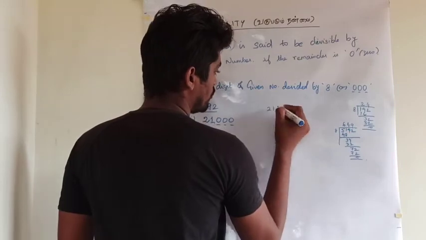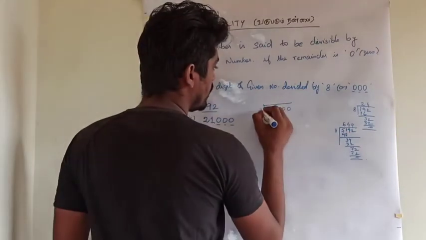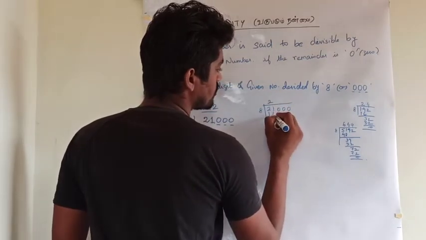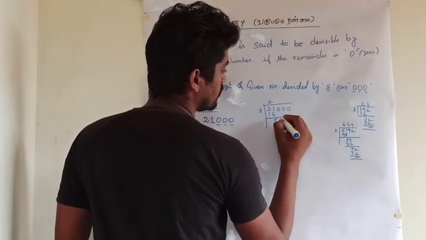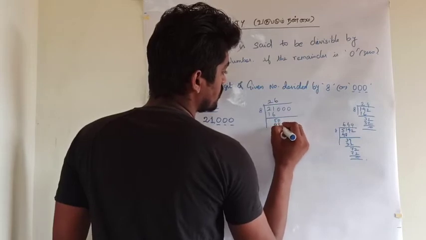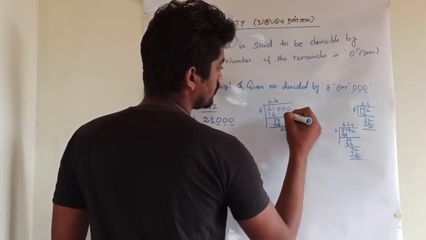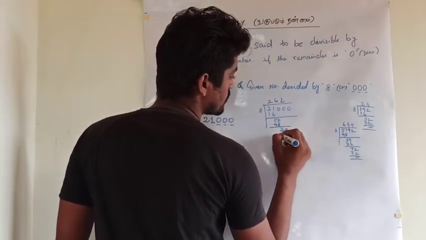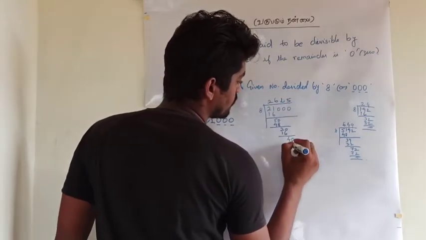We can check 21000 divided by 8. 2 8s are 16, 50. 6 8s are 48, 20. 2 8s are 16, and 40; 5 8s are 40.